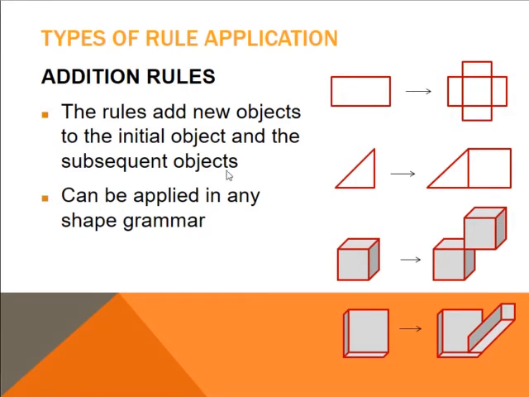Okay, so last week I mentioned if you have this kind of shape rule, right? So you can see that this is the triangle, and then you add the square to the side of the triangle.